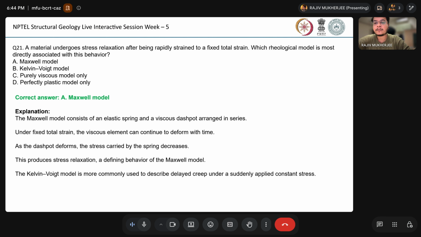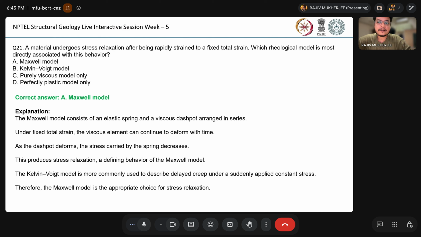Whereas the Kelvin-Voigt model is more commonly used to describe delayed creep under suddenly applied constant stresses, a transient strain rather than a transient stress. So a transient strain is a Kelvin-Voigt response, a transient stress is a Maxwell response. Therefore, the Maxwell model is the appropriate choice for stress relaxation.